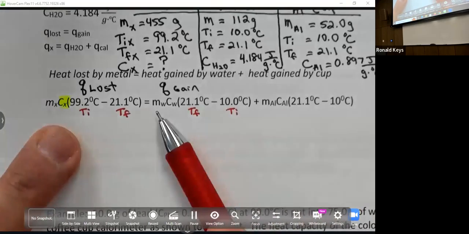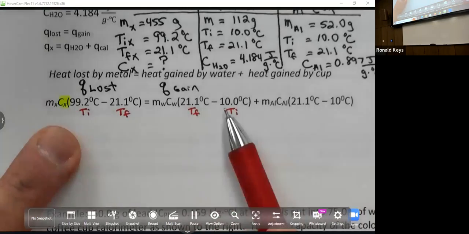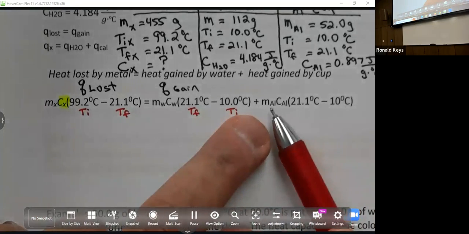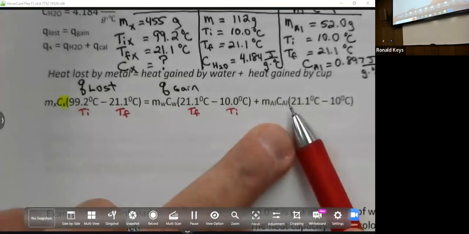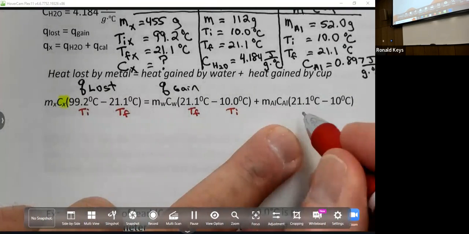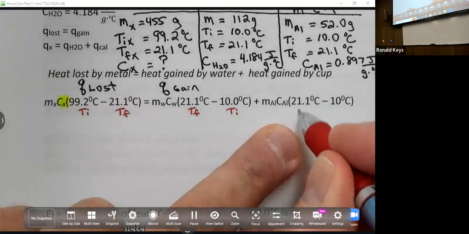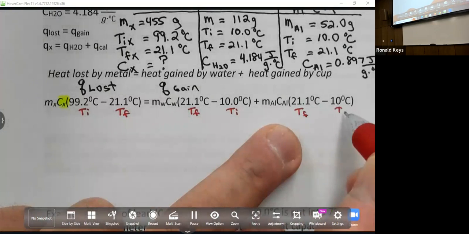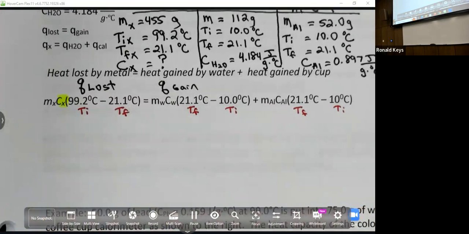So this is the mass of the water, specific heat of the water, change of temperature of the water, plus the mass of the aluminum cup, specific heat of aluminum, and change in temperature of the aluminum. And it's T final minus T initial, keeping that temperature change positive.